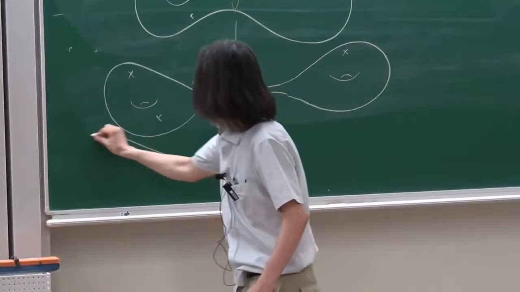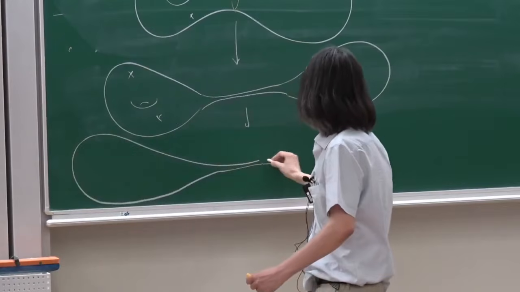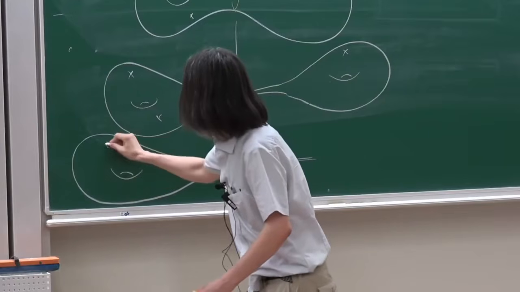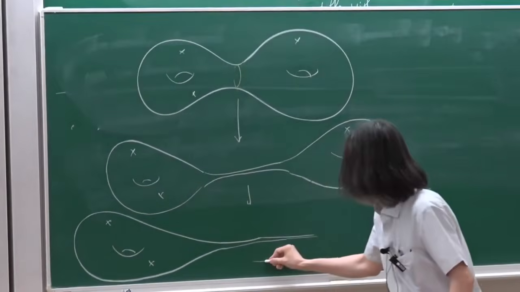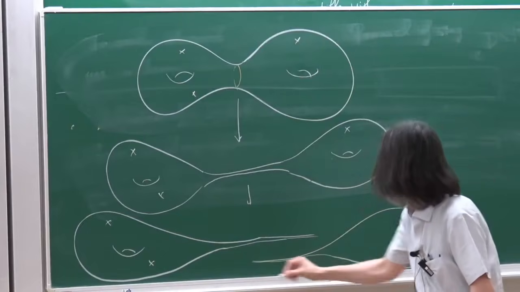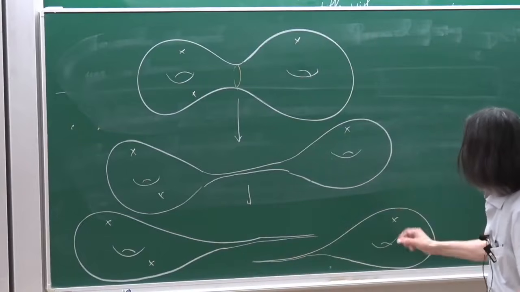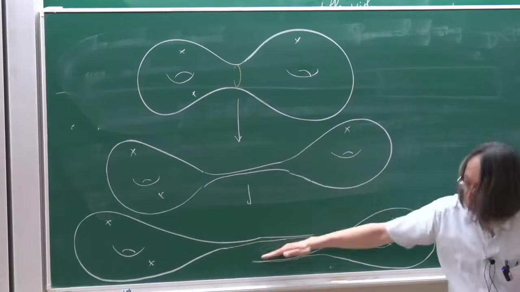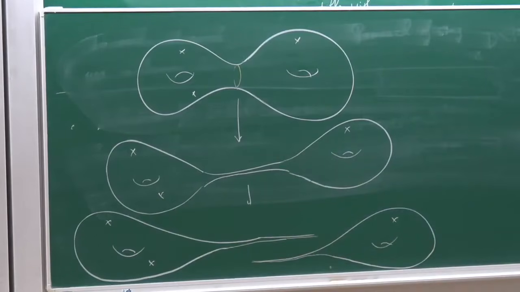So here I have one piece, and another one is also coming like this. I cannot draw it because they are infinitely long, so I write this one on the same line. But anyway, it actually decomposes into two things.